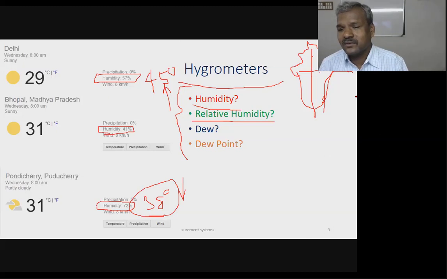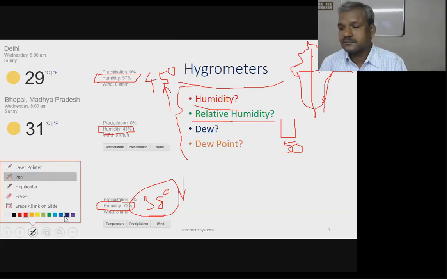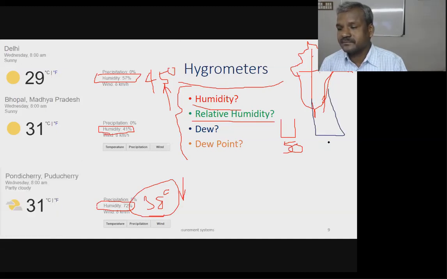Okay. Now I will explain the relative humidity. Say there are two cups. This cup is a 50 ml cup. The capacity of the cup is 50 ml. One more cup you can take, whose capacity is 100 ml.